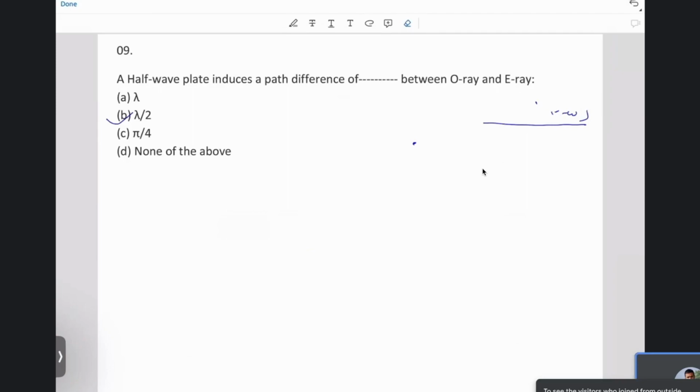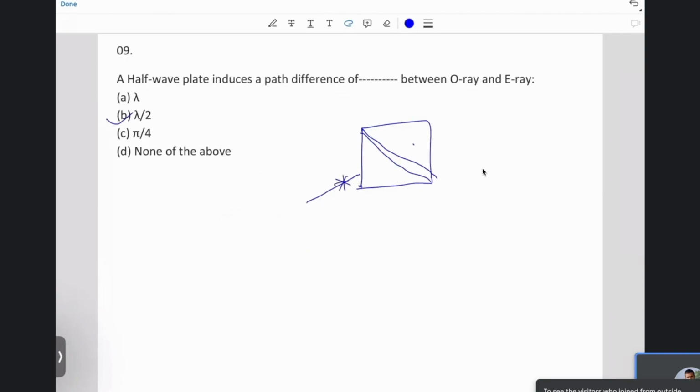So, when we place a polarizer, a material which polarizes the light, polarizers are mainly made up of Nicol prism. You know Nicol prism, right? Nicol prism is a material which has the property of double refraction. So suppose an unpolarized light is coming inside a Nicol prism.